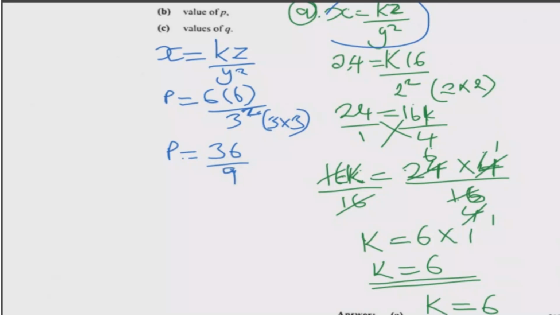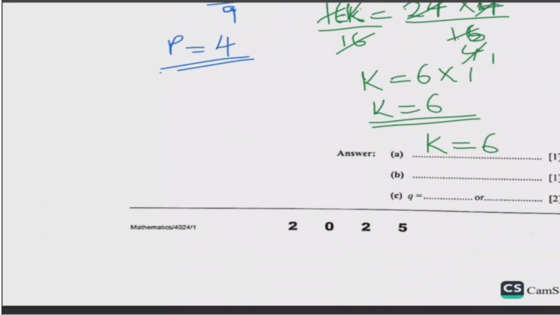So p equals 36 over 9, it will go 4 times. The value of p is 4.